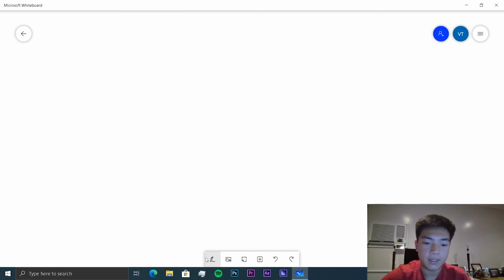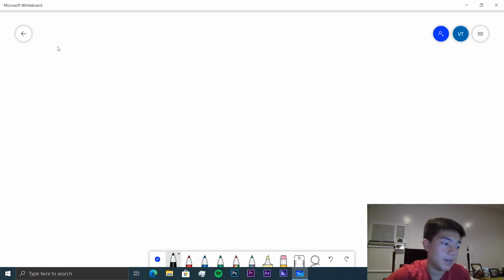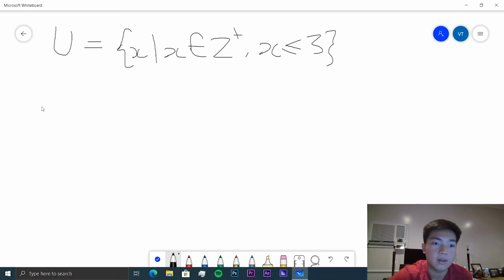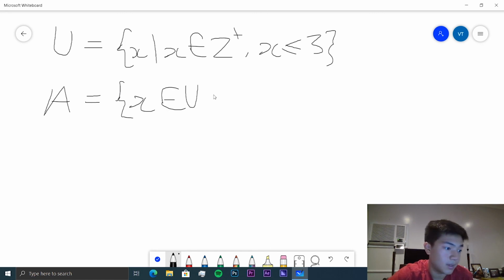where we have the following sets. So we have U is equal to the set of X such that X is a positive integer and X is less than or equal to 3. A is the set of X that is part of U, and X is a multiple of 3, so X modulo 3 is equal to 0.